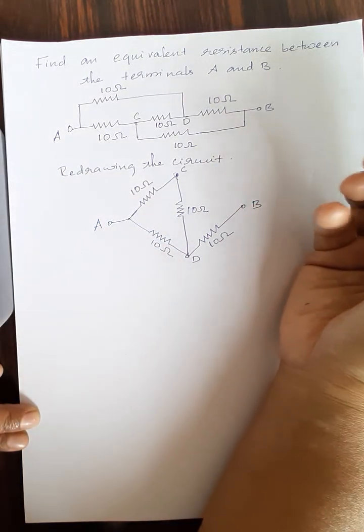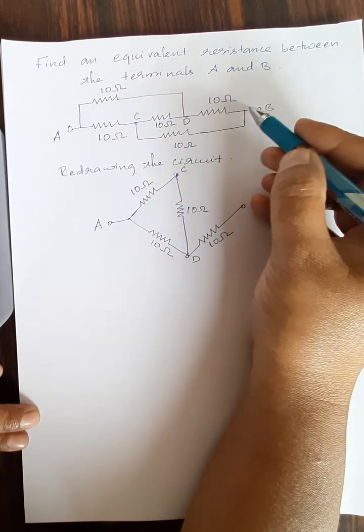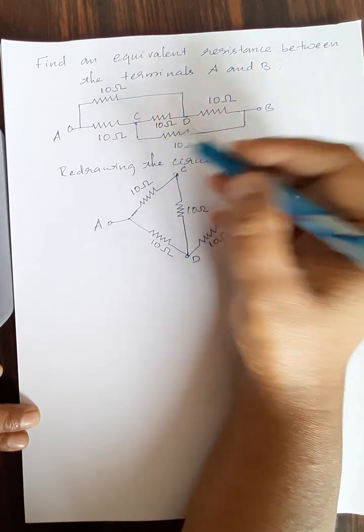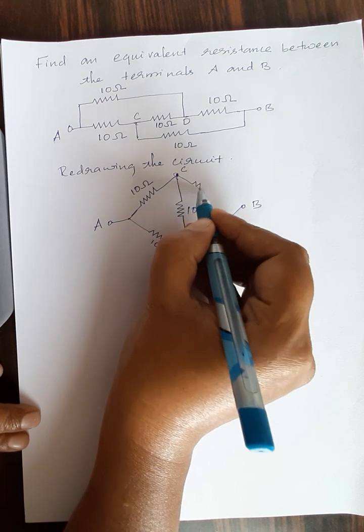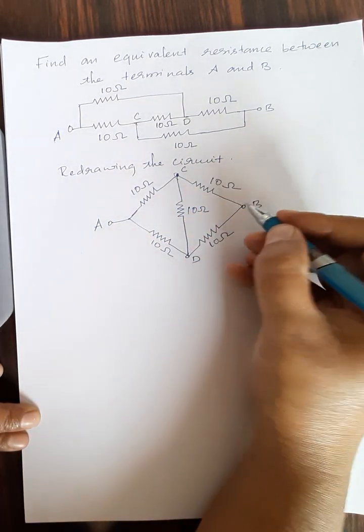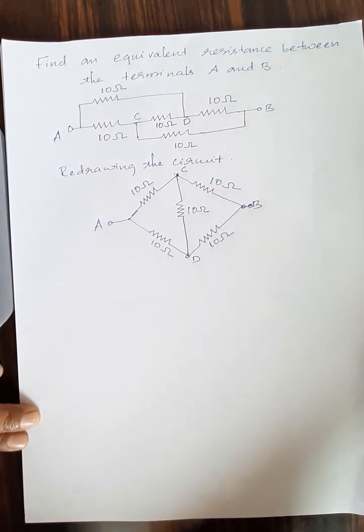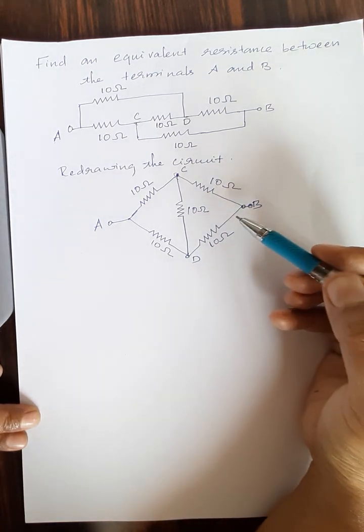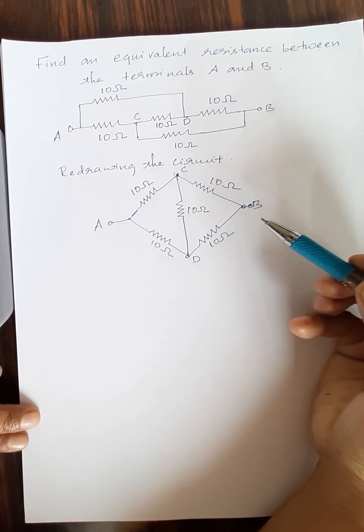And again across C to B, this part is again 10 ohms. And this is terminal B. So this is how the circuit will look if you redraw it.